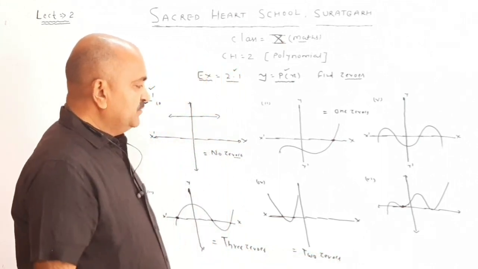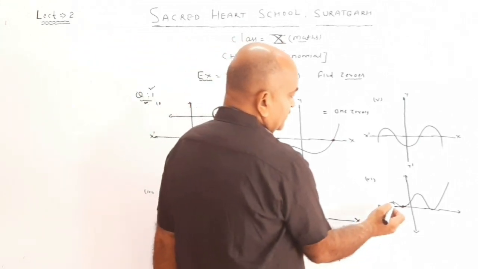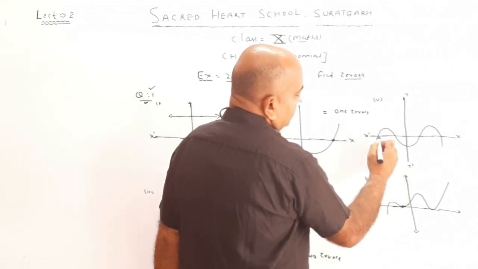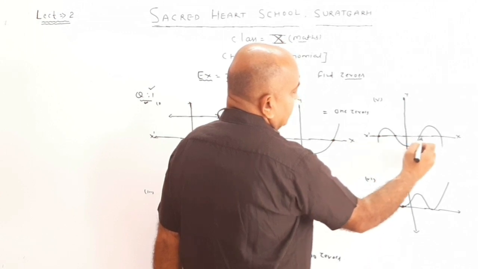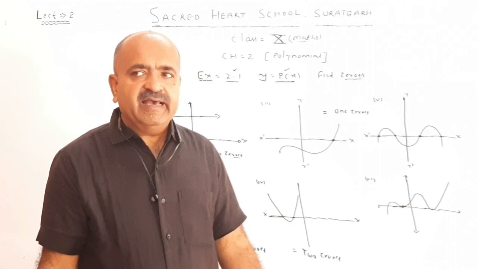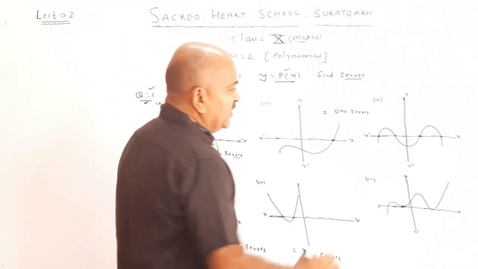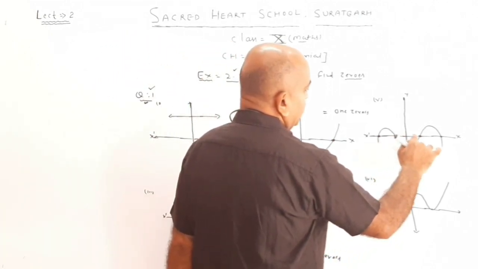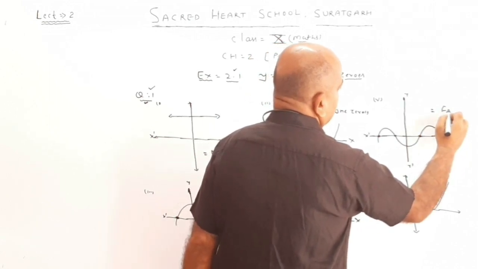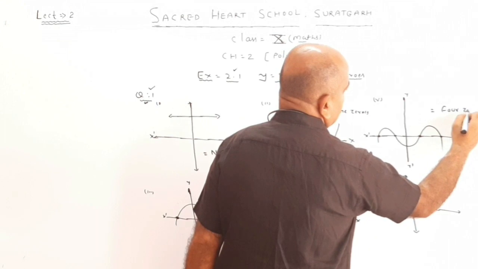And finally students, in the fifth part, this graph intersects the x-axis. How many points? 1, 2, 3, 4. So how many zeros? 4 zeros.